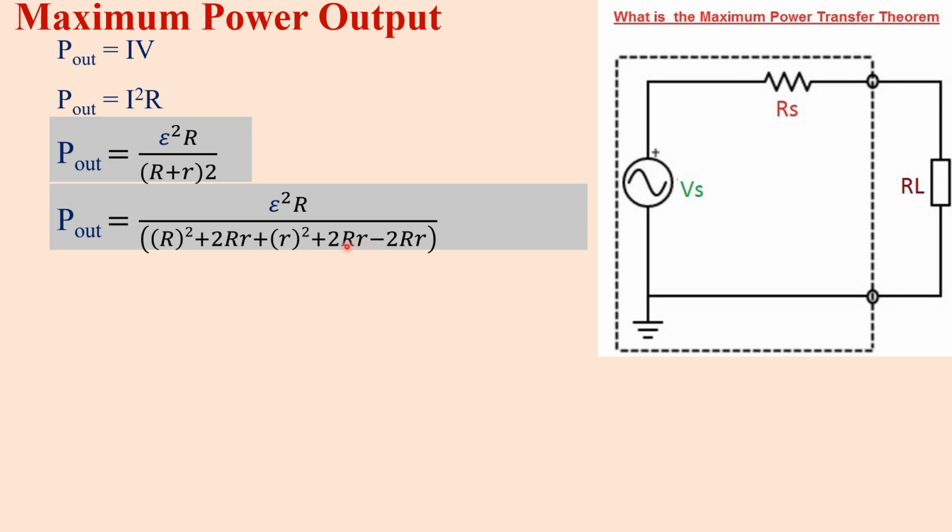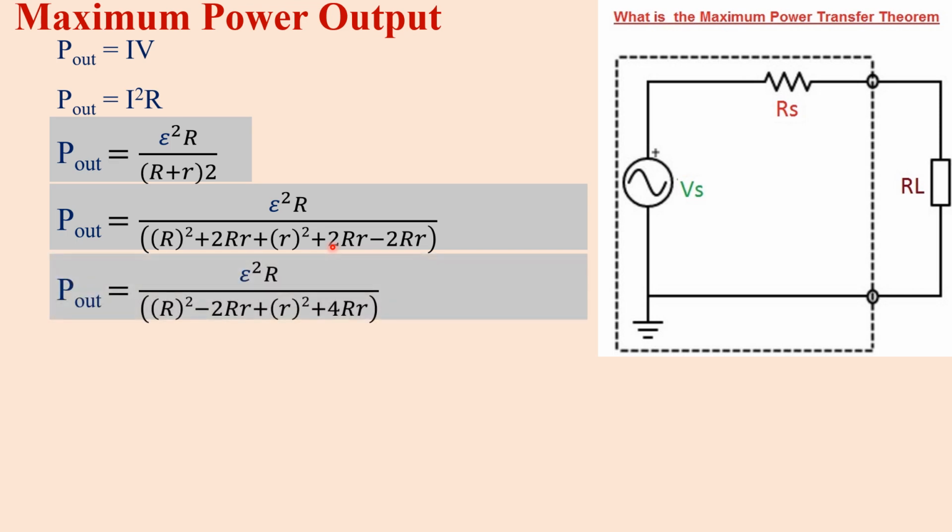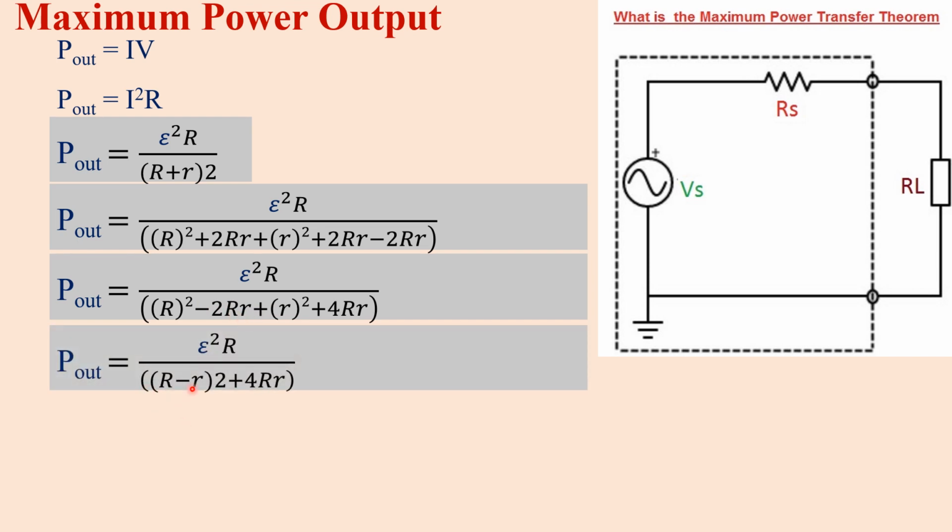So we have to subtract it. That's why we write minus 2R into small r, because it will cancel the effect of the added term 2R into small r. 2R into small r plus 2R into small r gives us 4R into small r, and the remaining terms can be closed into the formula A minus B whole square, and we get R minus small r whole square plus 4R into small r.